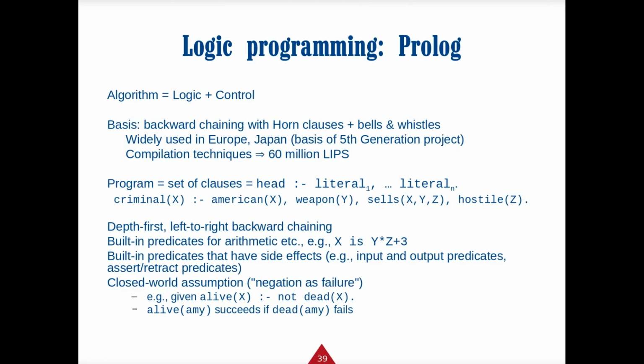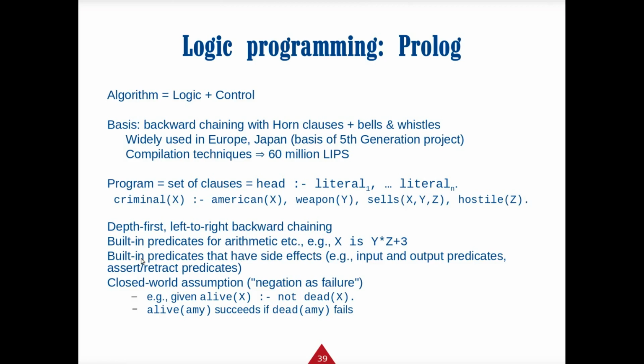Prolog is a logic programming language, and it's pretty much the only one that I know of. Basically, you have a program, a chain of clauses, a bunch of heads, and then you would define it. So criminal would be defined as American X, weapon X, sells X, Y, and Z. And then you have the depth-first, left-to-right backward chaining, built-in predicates of the different values, and you can have some arithmetic in there as well.